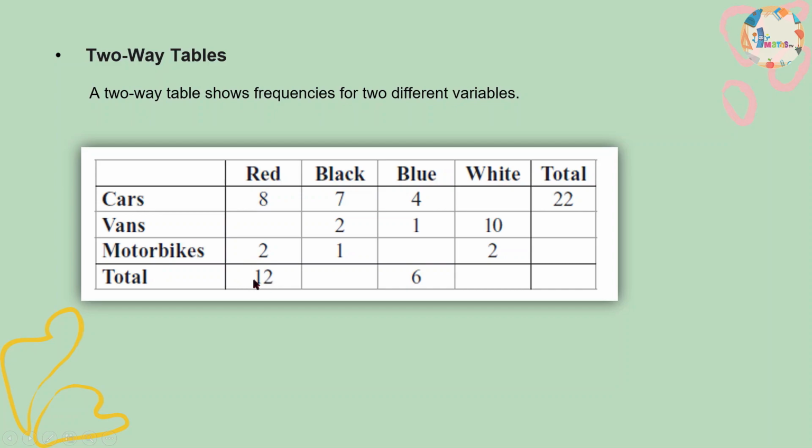They have given this total from this side, so we have to add this side and find what the number will be over here. Similarly, these three are given, we have to find the total. From this side also, this should add up to 22, so we have to find white. When we fill this one, after that we will be finding this total as well. So the total is on this side also and this side also. That's why we are saying this is a two-way table.